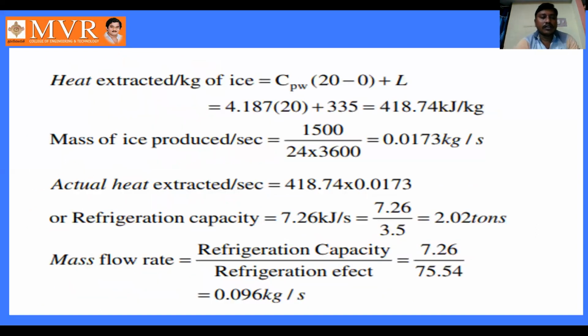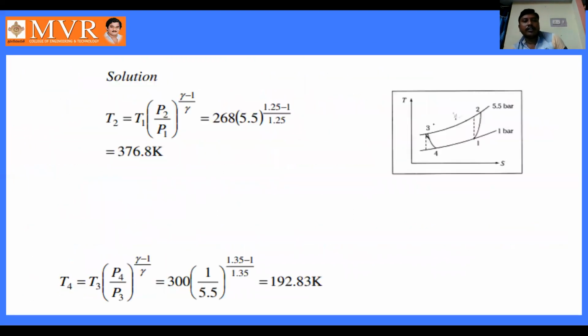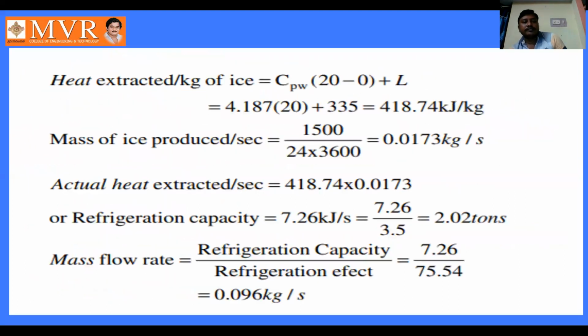See, this is what we have calculated here: the quantity of air circulated per minute for producing 1500 kg of ice per day at 0 degrees Celsius from water. The quantity of air means the mass flow rate.